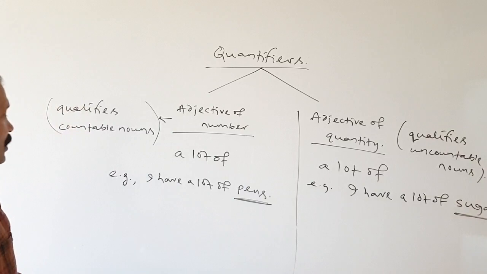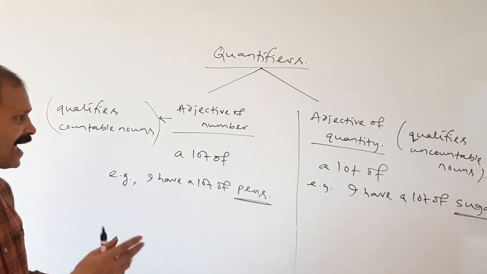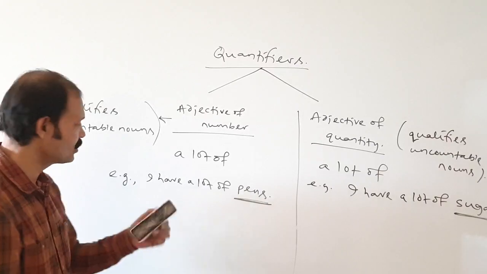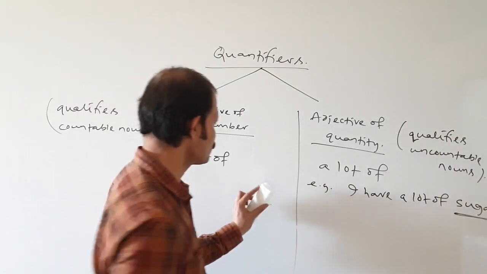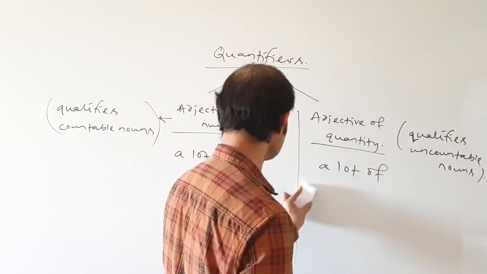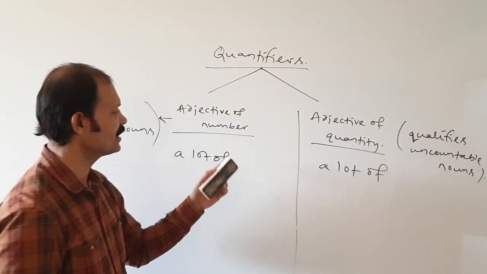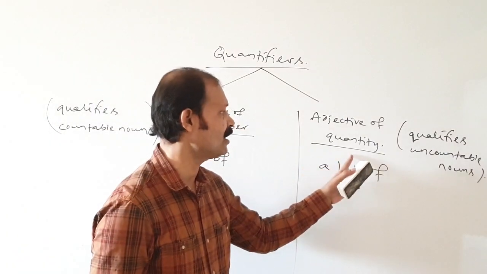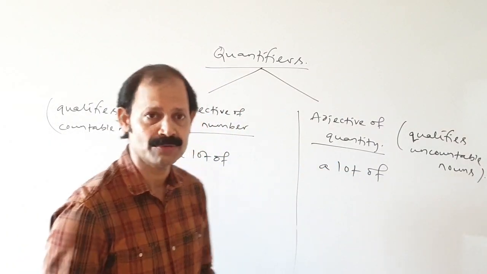Now, when I am teaching you, you should copy it down or write it down. So let me write this portion. A lot of is used as adjective of number when it describes a countable noun, and it is adjective of quantity when it describes an uncountable noun.